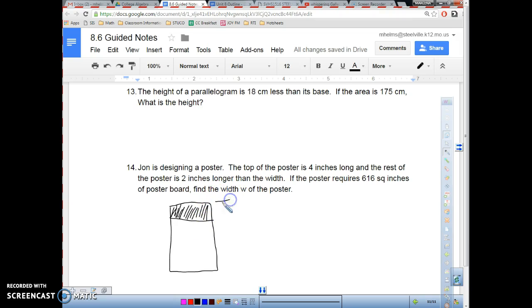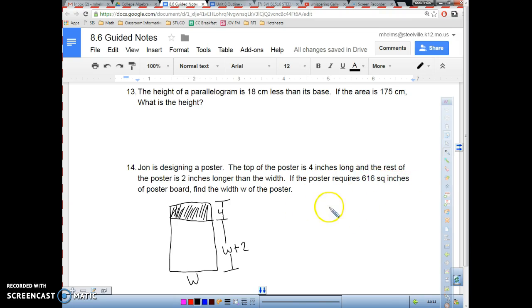So at the top of the poster, they say is 4 inches long, and the rest of the poster, so the rest of this, is 2 inches wider, or 2 inches longer than the width. So we're adding 2 to the width for the rest of this. Then we have the width down here. Well, the whole thing together is 616 square inches.